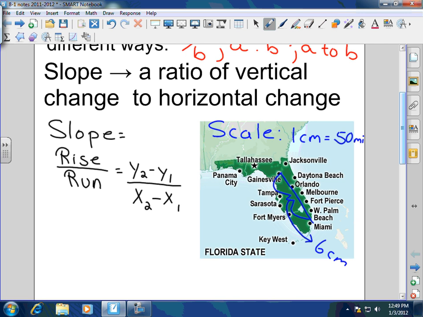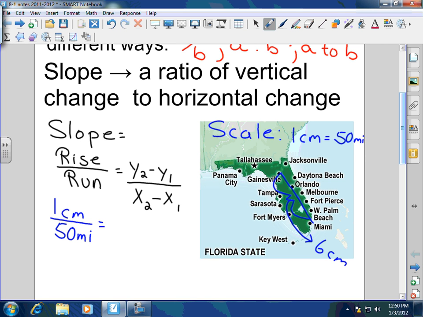We're going to talk about proportions in a second. A proportion is basically two equal ratios. So if I know that my scale ratio is 1 centimeter to 50 miles, I want to find out how many miles I'm going to be traveling for a distance of 6 centimeters on this map. When you're setting up a proportion, I always like to think of like units to like units.